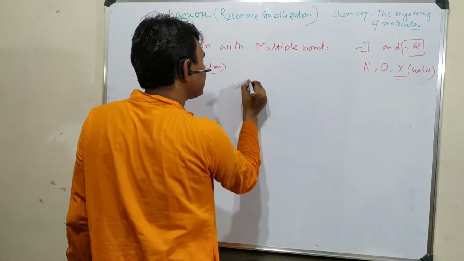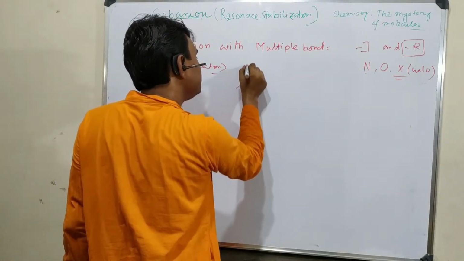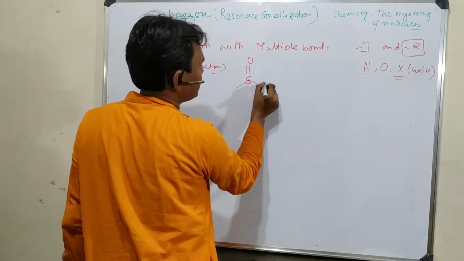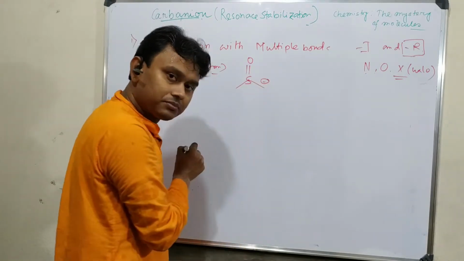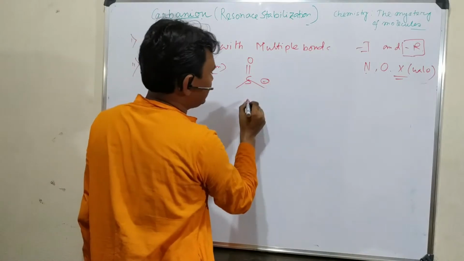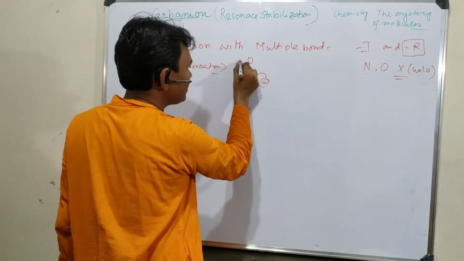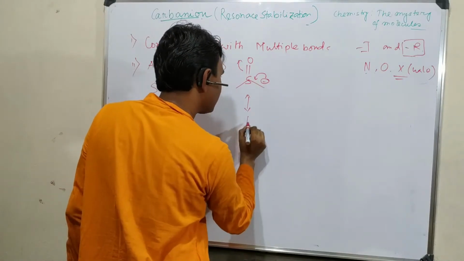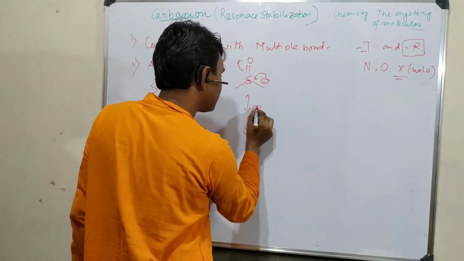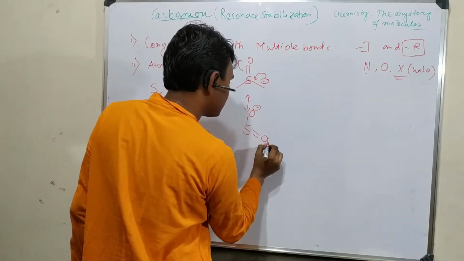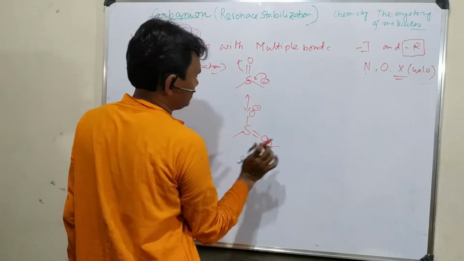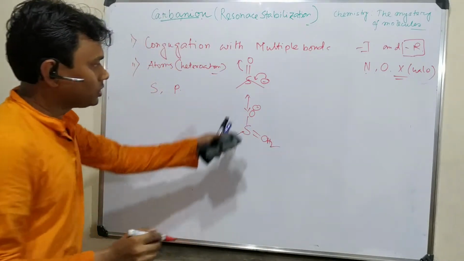If we consider the DMSO molecule, dimethyl sulfoxide, it can generate an anion here, and this could be stabilized by conjugation like this. So in this way, this molecule could be stabilized.